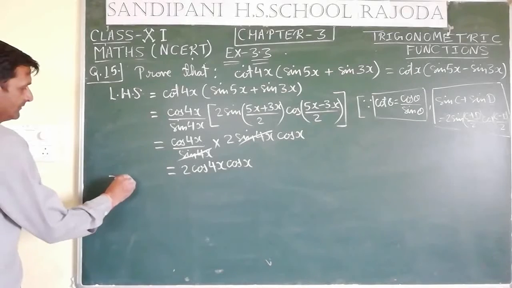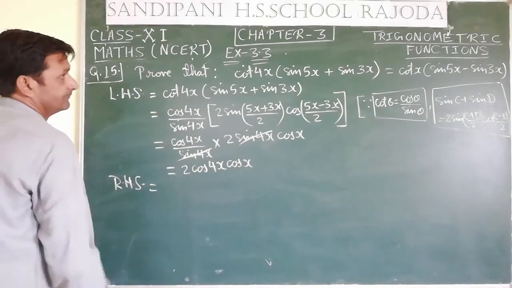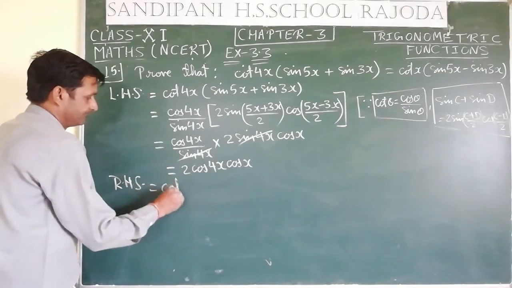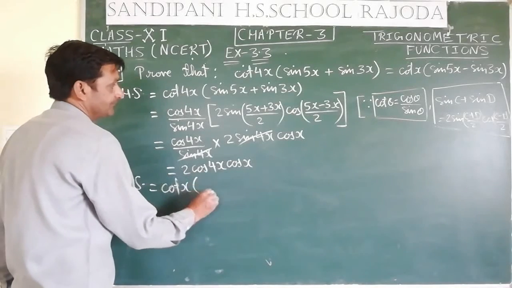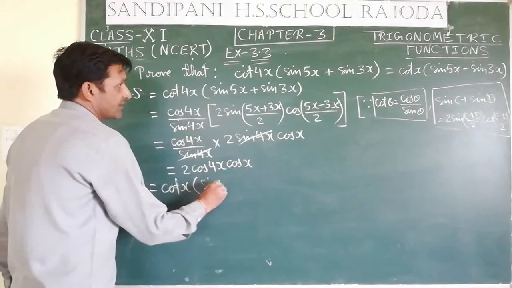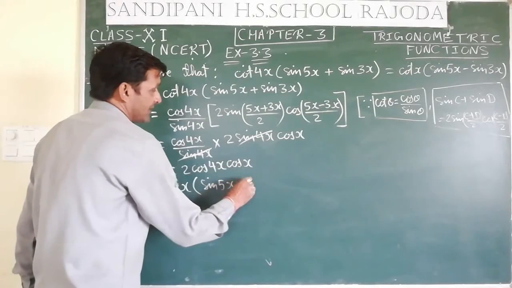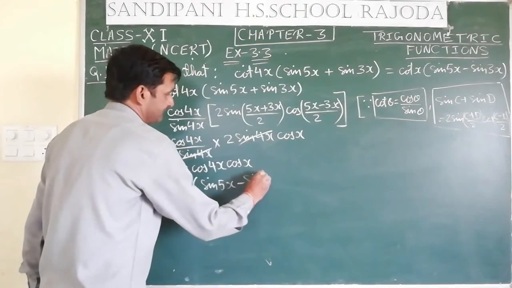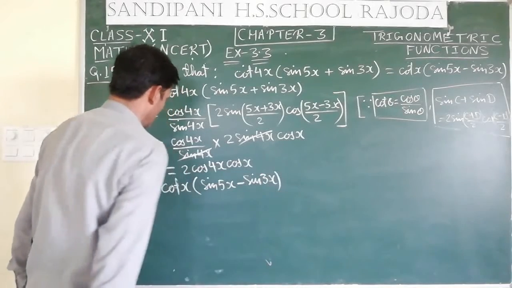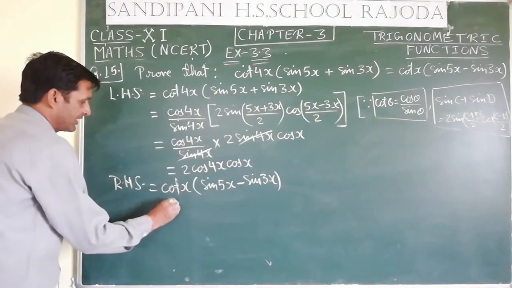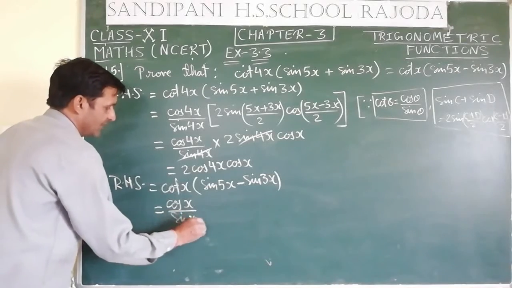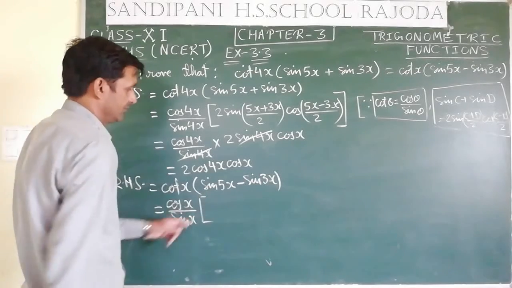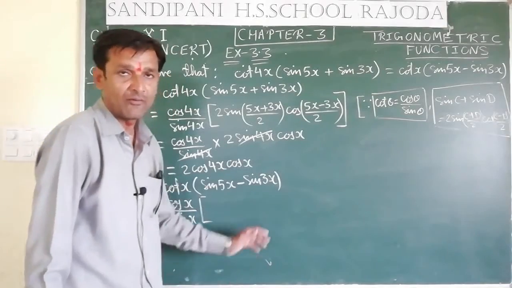RHS is equal to cot x and in bracket sin 5x minus sin 3x. So it may be written as cos x upon sin x. This we can write here, sin c minus sin d formula will be applicable.